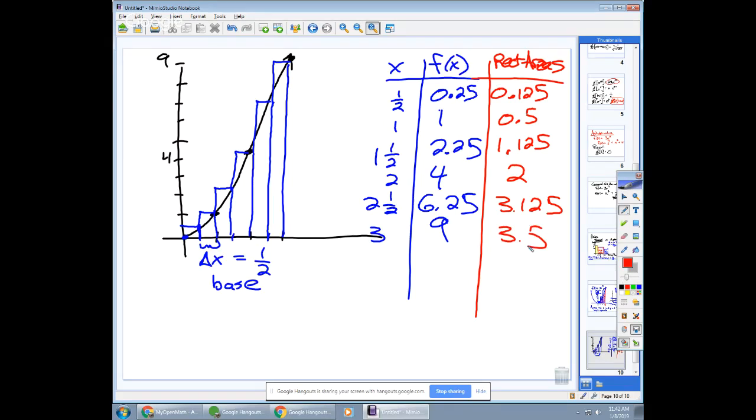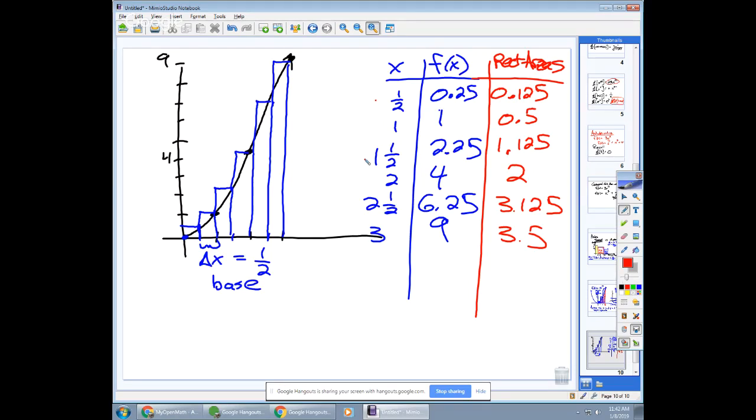Wouldn't 1 and 1/2 times 2.25 be 1/2 of 2.25 plus 2.25? No, it shouldn't, because I'm not multiplying these two together. They're just multiplied by 1/2.